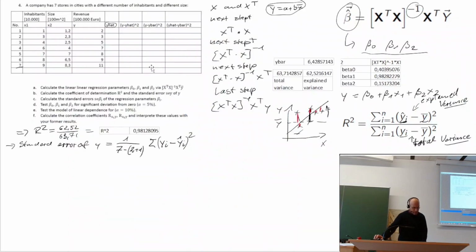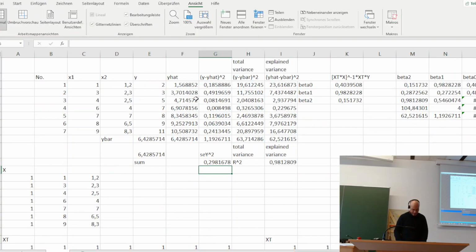And what do we in the end need? In the end, we need the standard deviation, and the standard deviation is just the square root of the variance. So then we have SEY, the square root of this number, is 0.54.